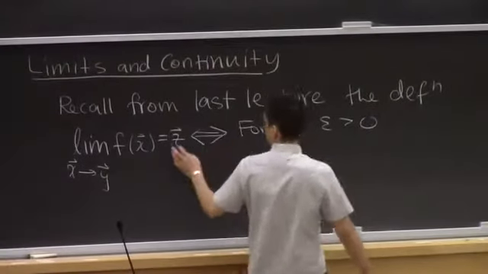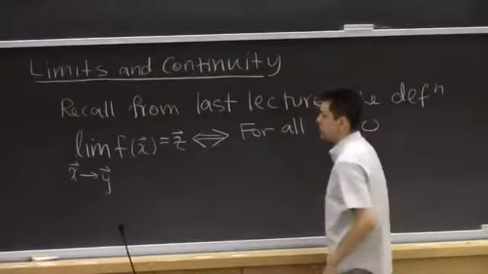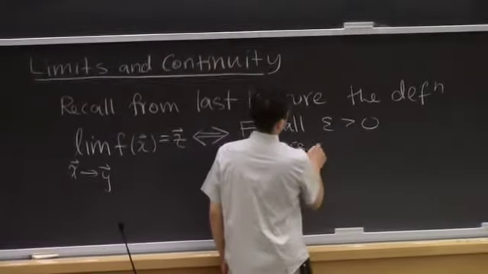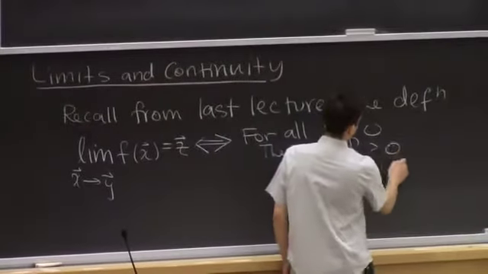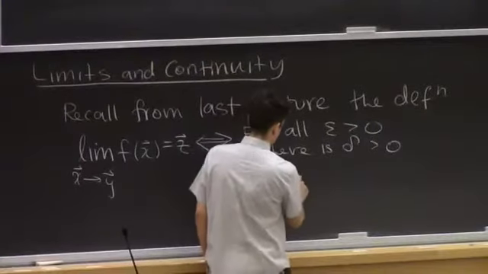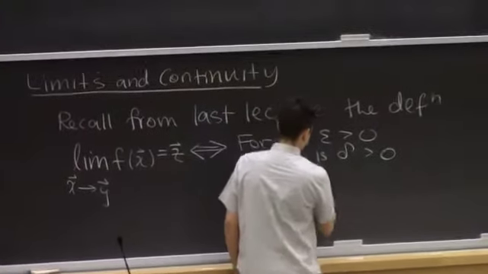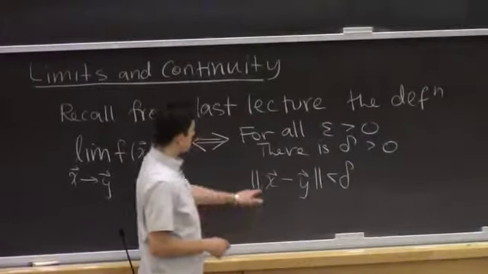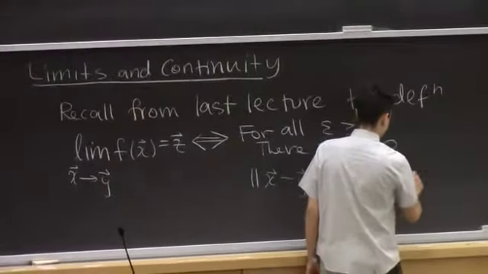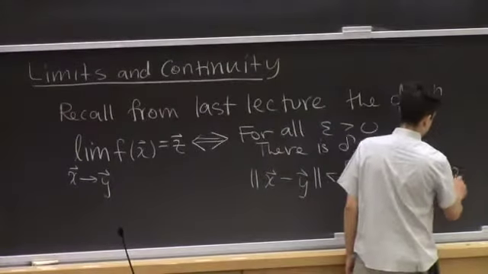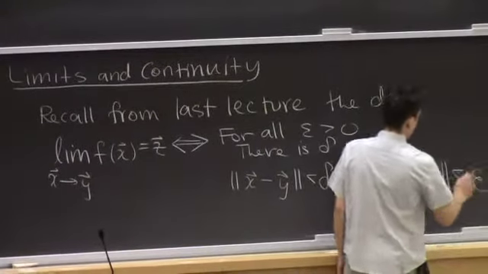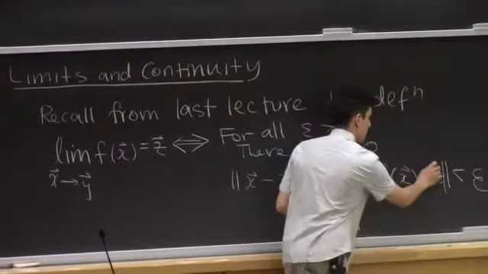We say that this limit goes to z if for all epsilon there is delta greater than 0 such that if this distance is less than delta, then this distance is less than epsilon.